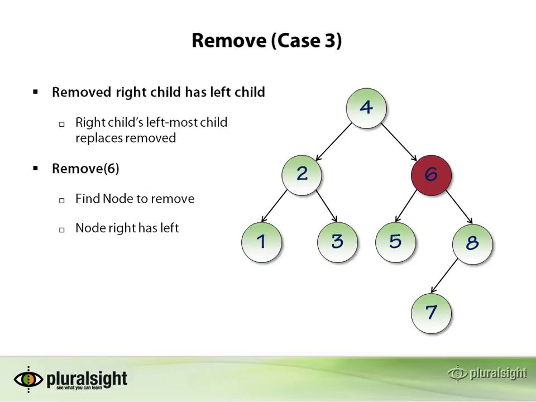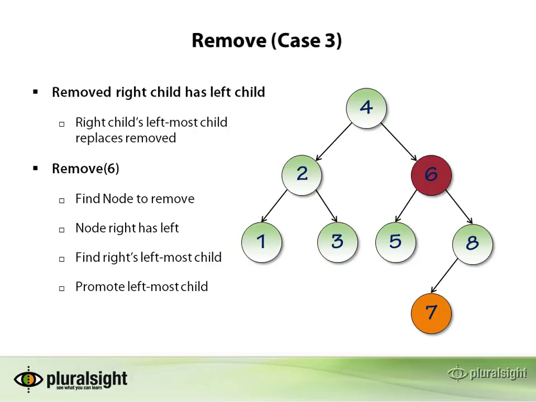The node on the right has a left. So what we do is we find the right child's leftmost child. So the right child is the 8, and its leftmost child is 7. And then what we do is we promote that node into the deleted slot.